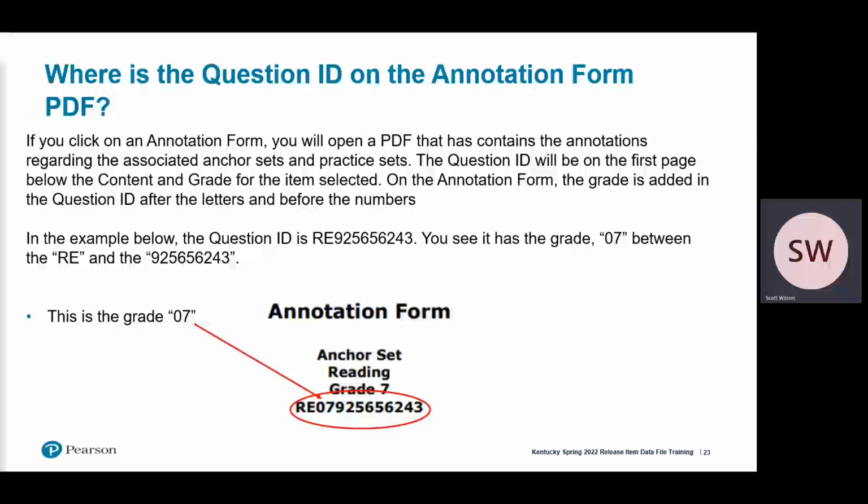So again, in our example here, the question ID is the same as the previous, but you will see here the grade 07 is actually listed after the RE, but before the actual number, 925656243. So that's just one thing to note on here is the grade is listed.